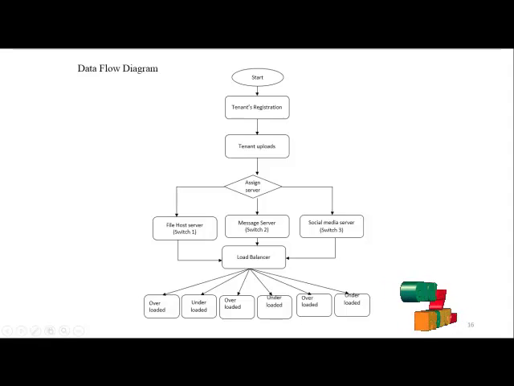After the specific server, it is sent to the load balancer. The load balancer gets the resources of the virtual machines in the cloud services, and after getting the resources, we have to find out the overloaded and underloaded servers for each switch. After finding out the resources of the servers, we have to decide the storing of the files.